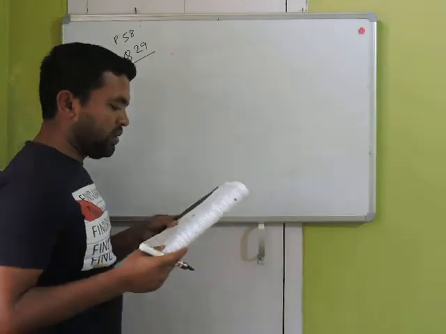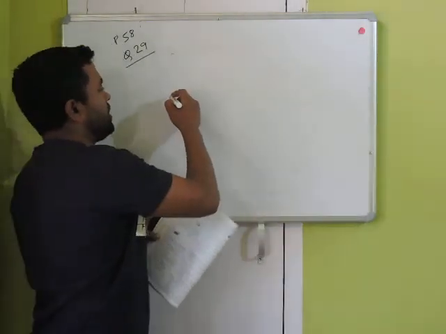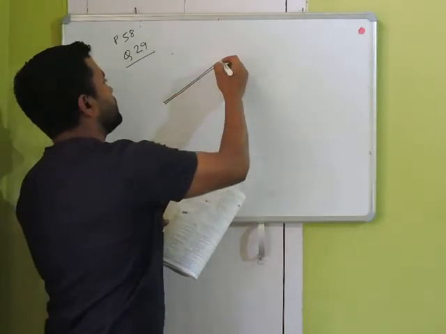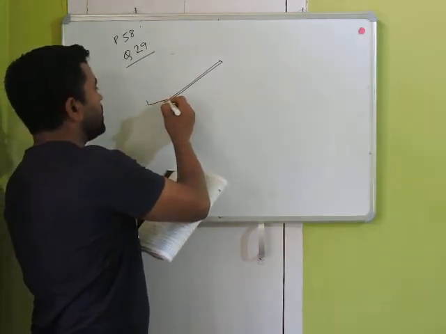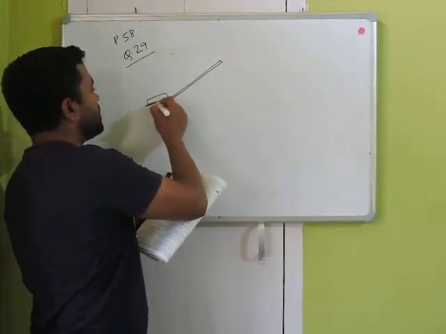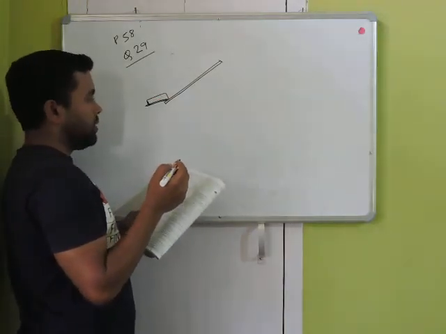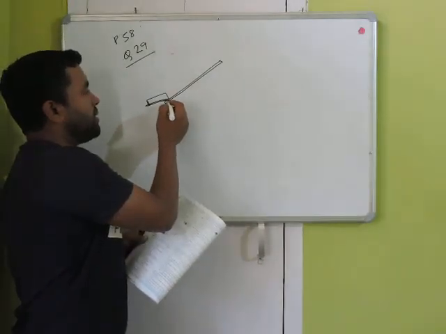They are showing you this, called a crowbar, I guess. So you can see the thing is something like this, and somewhere the load is something like this, right? So the fulcrum will be this part.